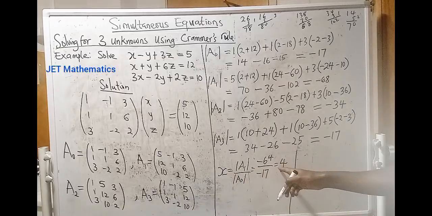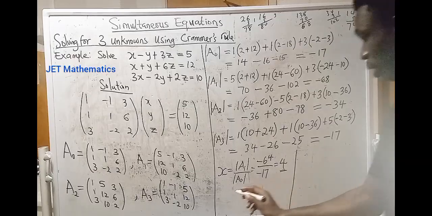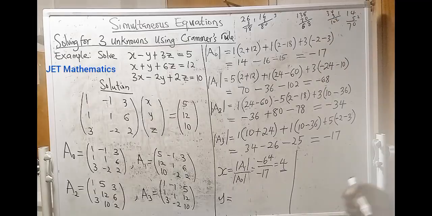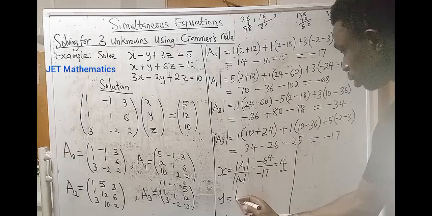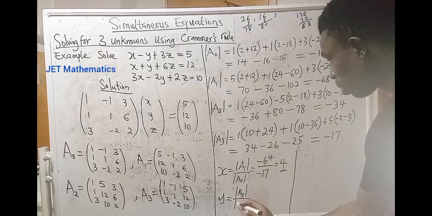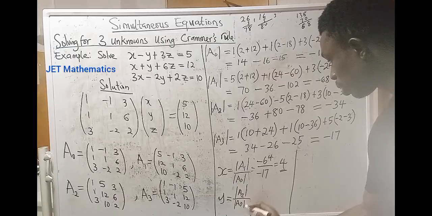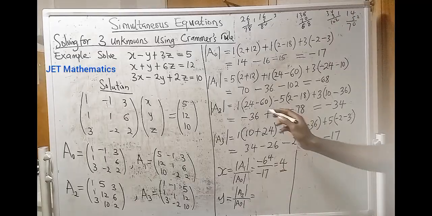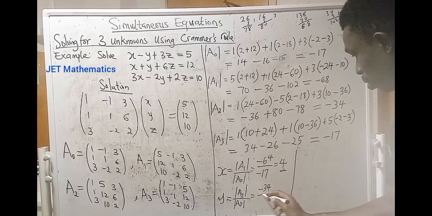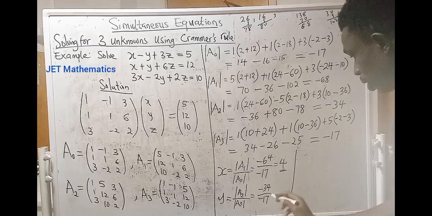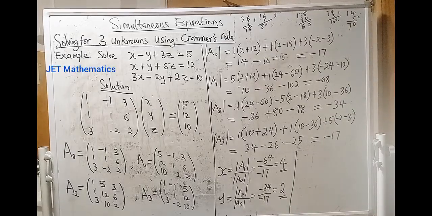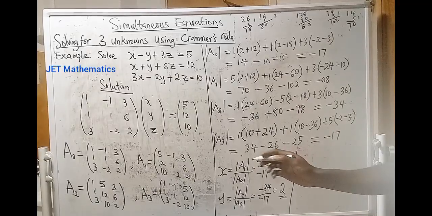So our x value is 4. So let's see y. Okay, y will be a2, the determinant of a2 over our a0, and that is equal to a2 again is minus 34 over minus 17, and that is equal to 2. Wow, pretty easy, right?